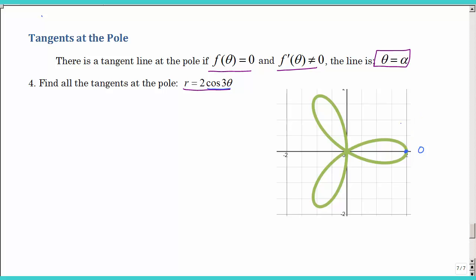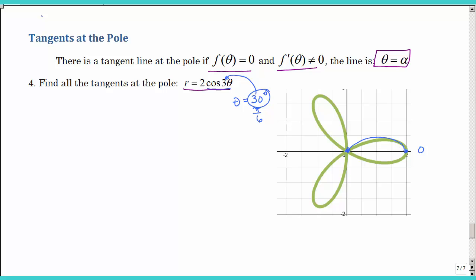And then if you let theta equal 30 degrees or pi over 6, why I chose 30 is because when I multiply it times 3 I get 90 degrees, and the cosine of 90 is 0, right? Meaning it goes from here to here.